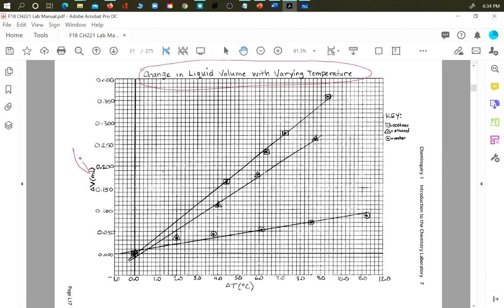You've got to have axes that have both the quantity that's being measured, in other words, the change in volume, and the unit that's being measured. So this has to be the quantity and its unit. Quantity, unit.